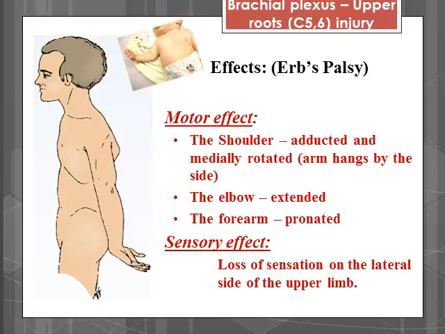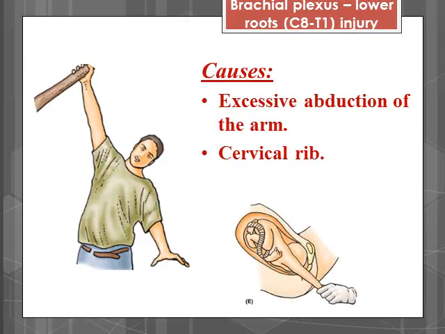Sensory effects include numbness or even loss of sensation on the lateral side of the upper limb. Now the lower root injury, injury of C8 and T1 roots, is caused by excessive abduction of the arm, leading to violent compression on C8 and T1.